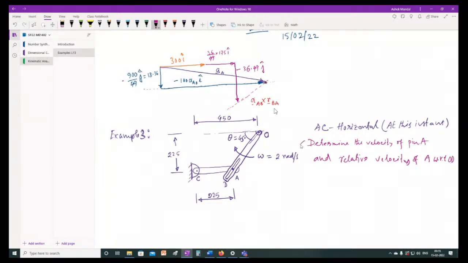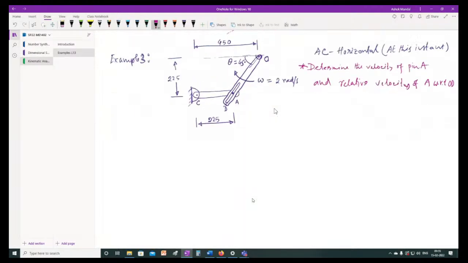Okay, this is the first part of the question, which is related to velocity. We will have another part which is related to acceleration. Let us first solve this velocity problem.